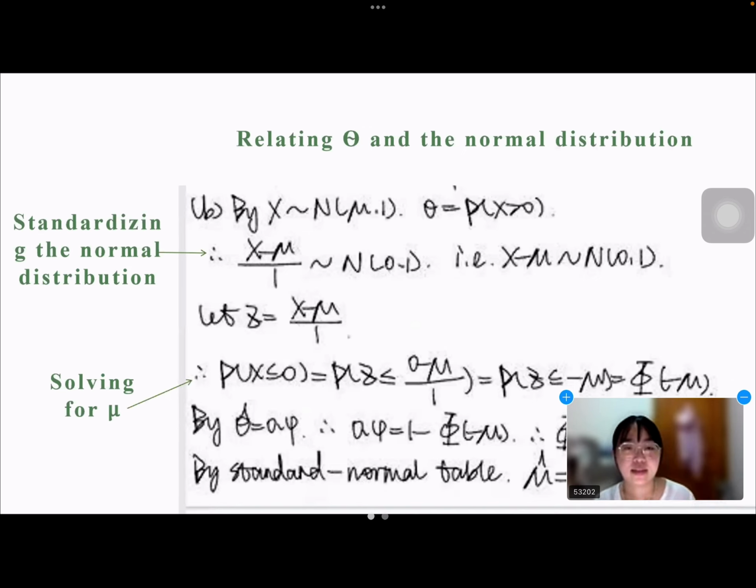The first three lines are about the transformation between the normal distribution and the standard normal distribution, and then we need to use the cumulative function and what we get from part A, and also use the standard normal table to get this mu.